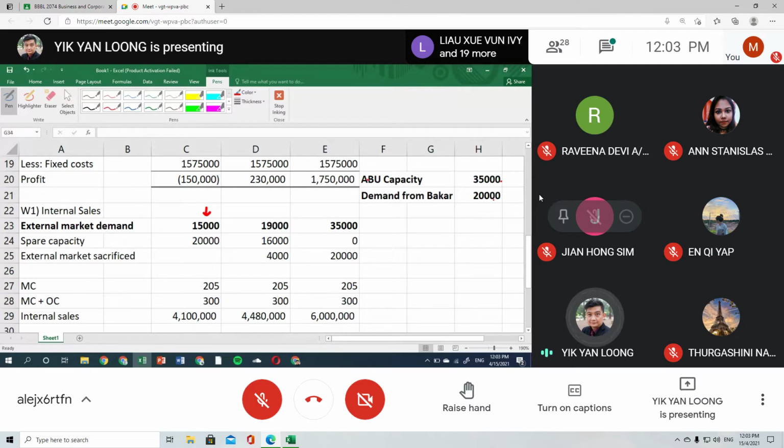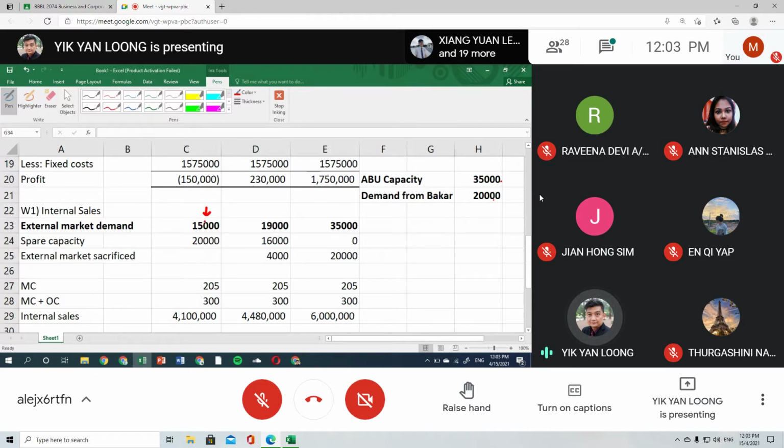That means Abu still has a spare capacity of 20,000, correct? And the demand from Baka is 20,000. So the total 20,000 produced will be based on spare capacity in this first scenario. So there will be no quantity for internal transfer that will be subjected to any opportunity cost.